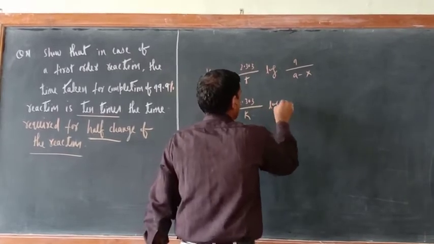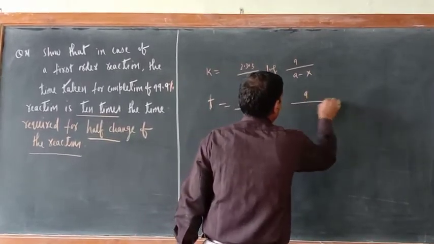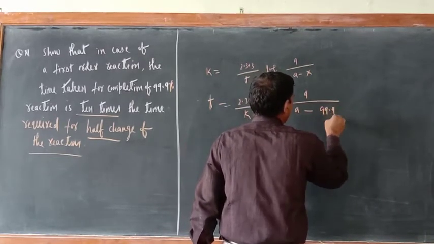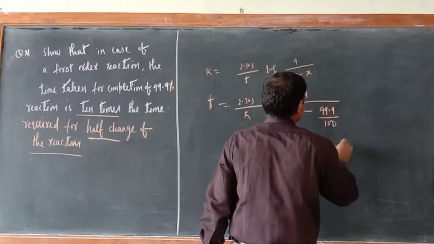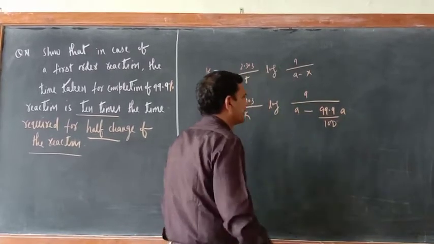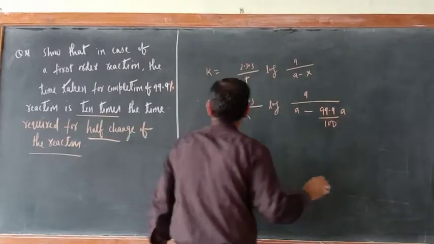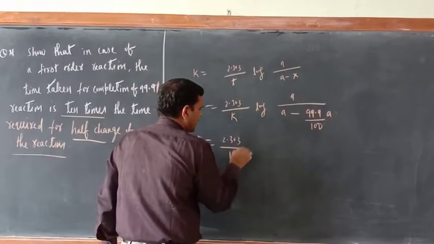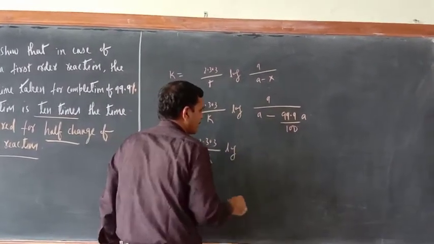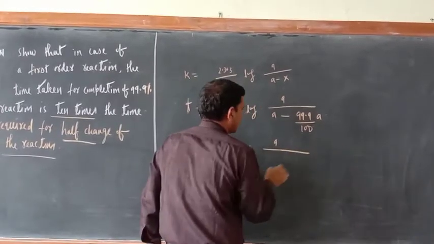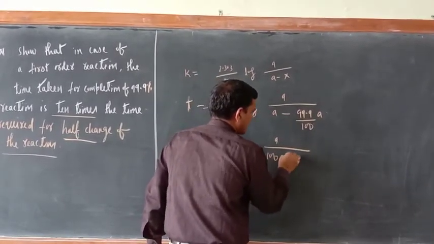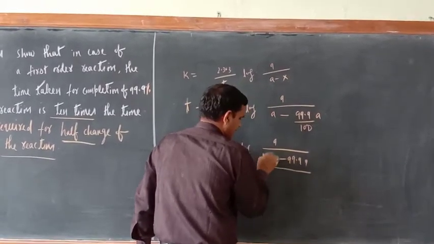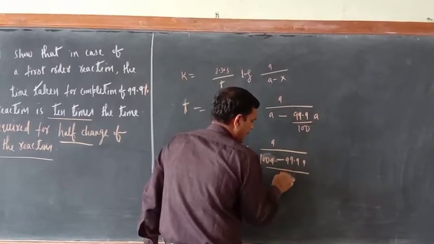Here log a, and here what is there? A minus 99.9 divided by 100 times A. So now t equal to what is there? 2.303 by k, log a by 100 minus 99.9 by 100.